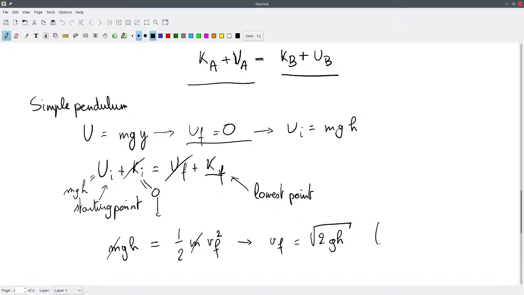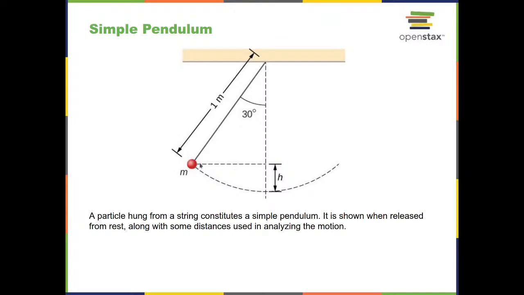One thing you'll notice here is that there's no dependence on m. So if we look back at our pendulum, if we hang a mass of 1 kilogram here and let this swing, or we hang a mass of 100 kilograms or 15 kilograms, the speed with which the mass goes through the lowest point is going to be the same, regardless of the mass.